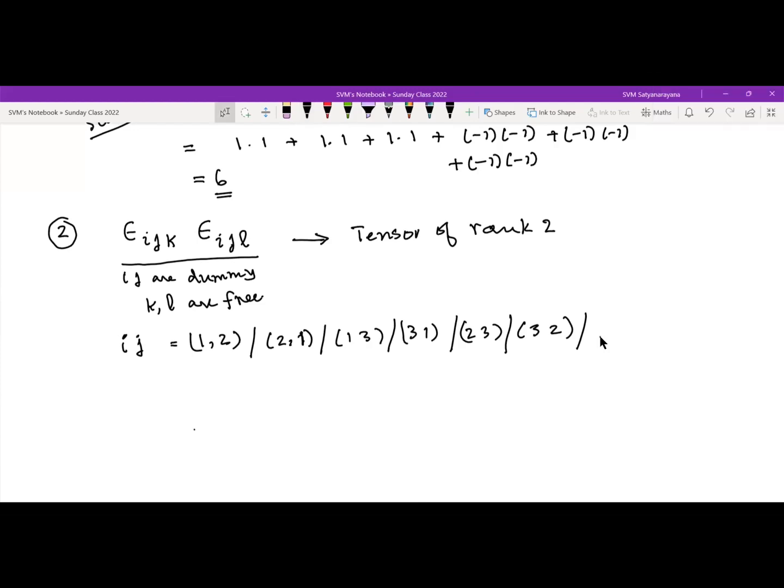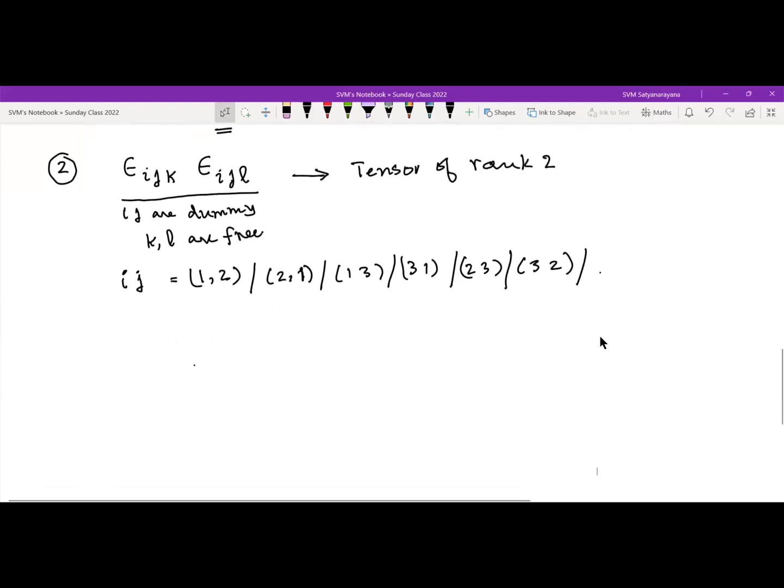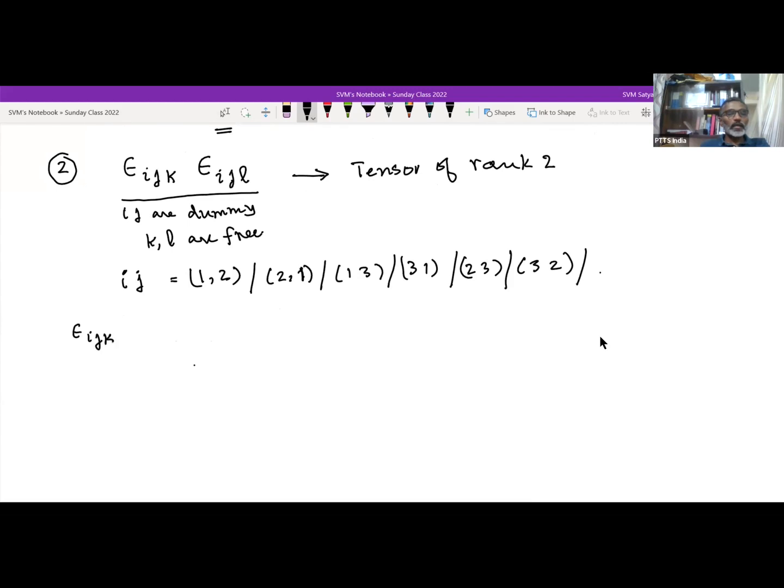Yes, sir. So now you have i, j can be like this. That means I must write epsilon ijk and epsilon ijl. I should write it as epsilon 12k epsilon 12l, plus epsilon 21k epsilon 21l, plus epsilon 13k epsilon 13l.